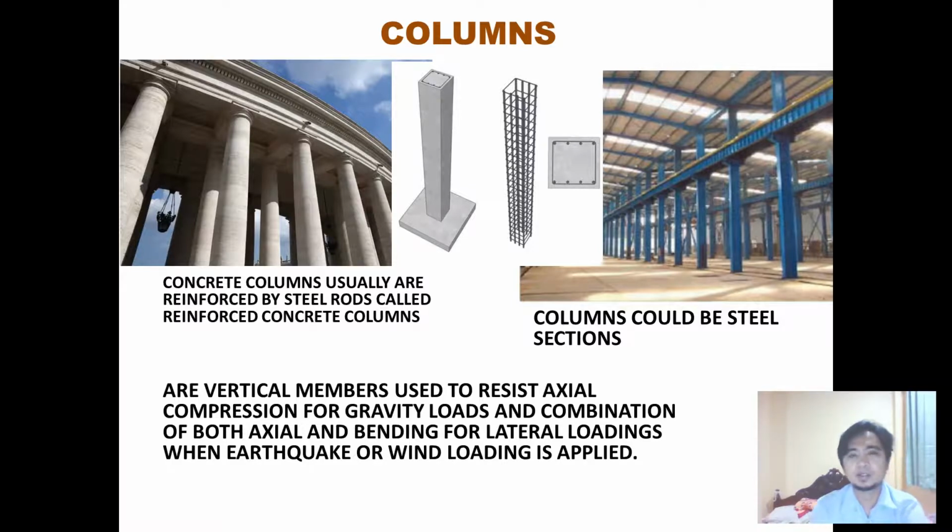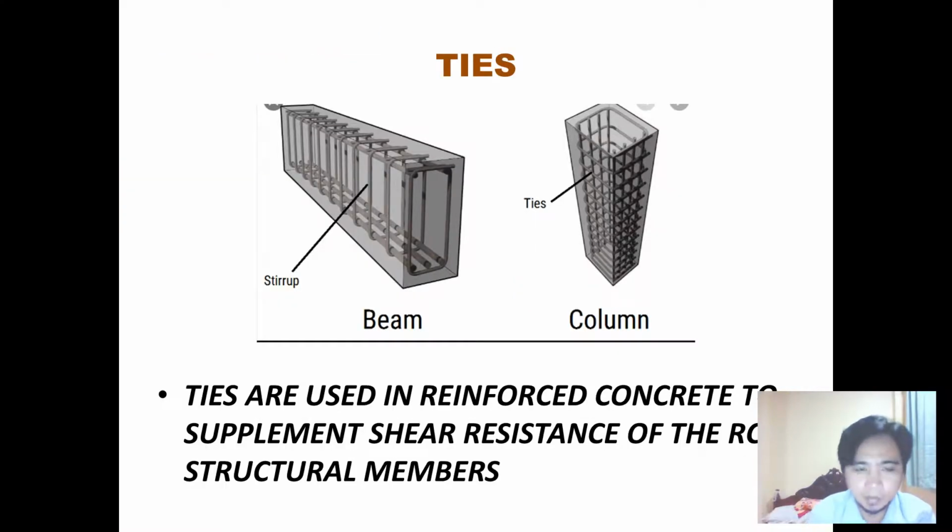However, it has strong properties to resist axial loading, whether that is compression, but weak in tension or bending. That is why your concrete is supplemented by steel bars to have a resistance to bending. Okay, that's it.